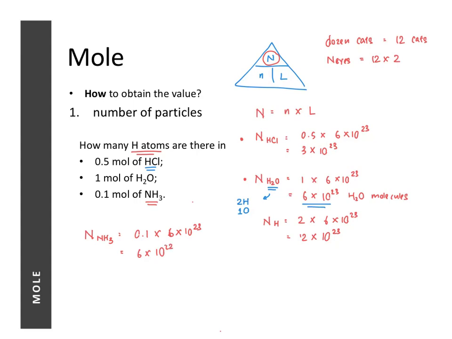Alright, but once again, each ammonia molecule is made up of 1 nitrogen and 3 hydrogens. Alright, so if we have 6 times 10 to the power of 22 ammonia molecules, the number of hydrogen atoms present will be 3 times that of the number of molecules.